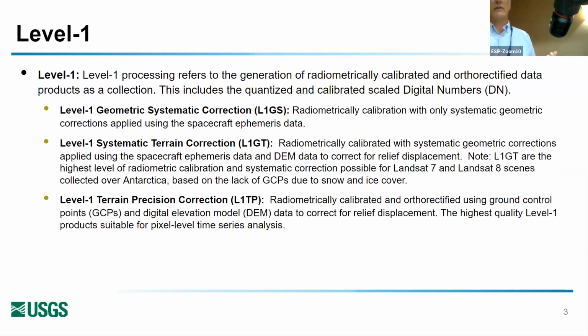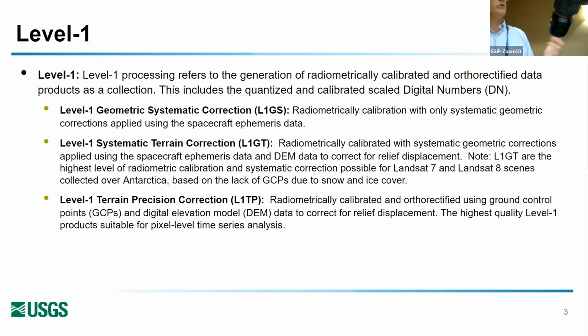We do have variants, and these are sort of historical conventions that we've adopted really to indicate the kind of geometric quality that you might expect in any given scene product. So we have systematic, terrain, and precision. And I think when you see T, you've probably got an Aster L1T, which follows from this terrain precision correction idea.